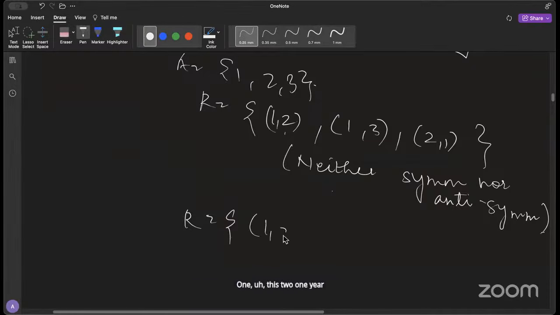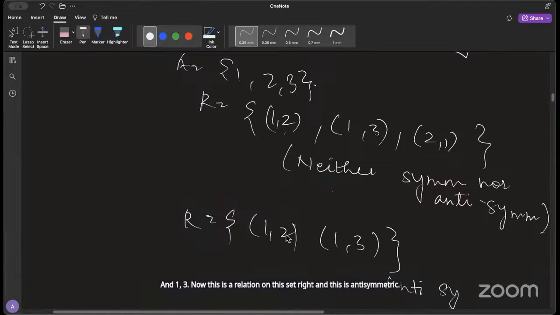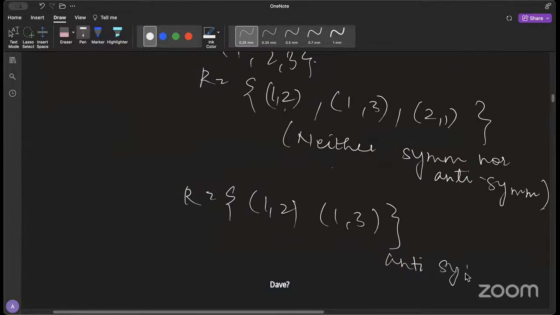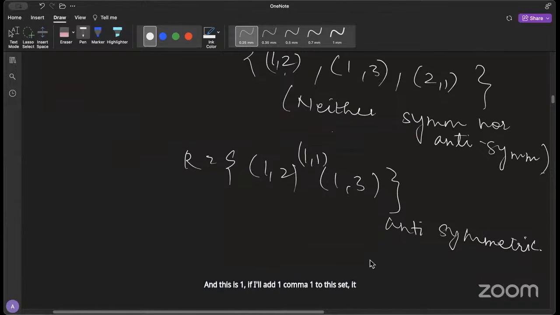Let's take (1, 2) and (1, 3). Now this is a relation on this set, right? And this is anti-symmetric. Why? Because we have (1, 2), but we don't have (2, 1). We have (1, 3) and we don't have (3, 1), right? And this is (1, 1). If I add (1, 1) to this set, it's still anti-symmetric.